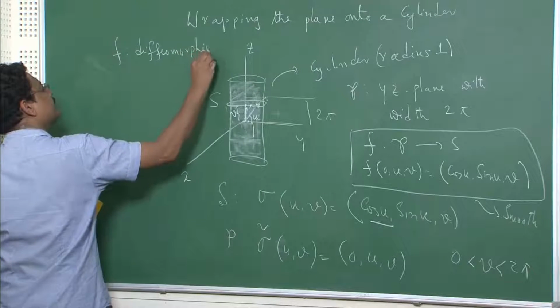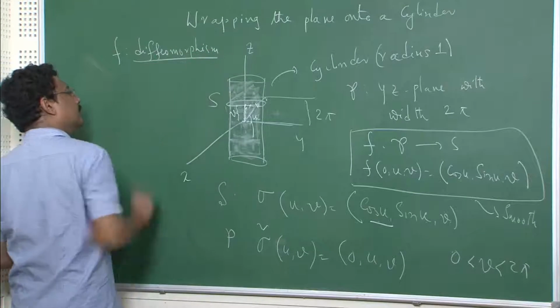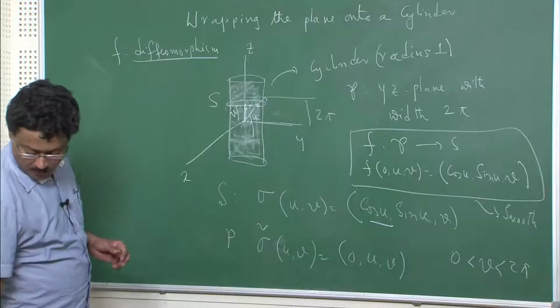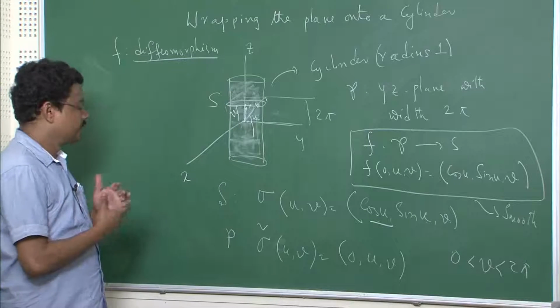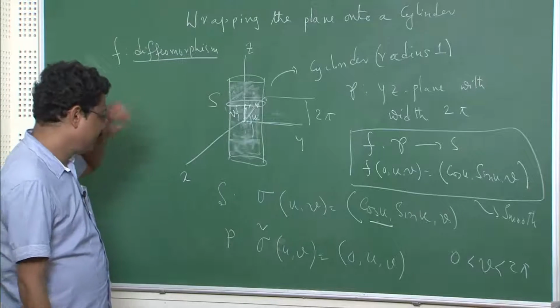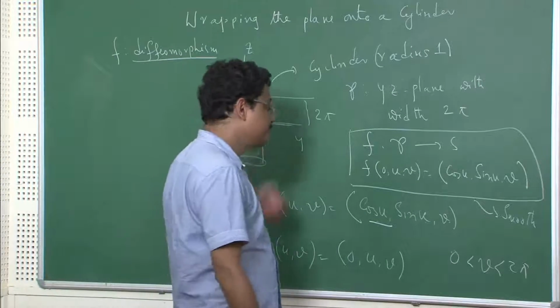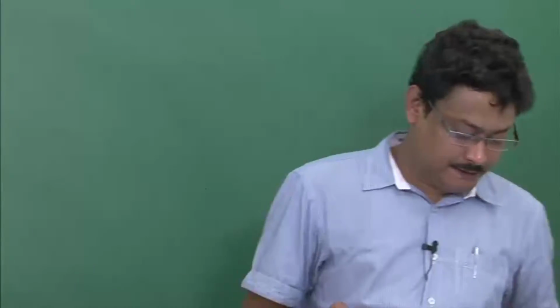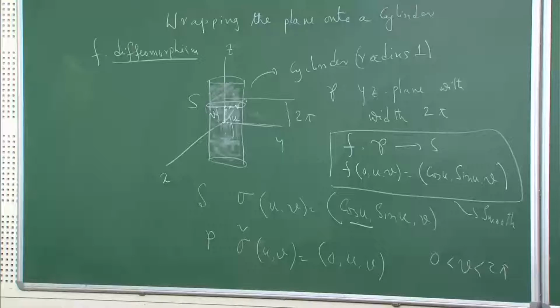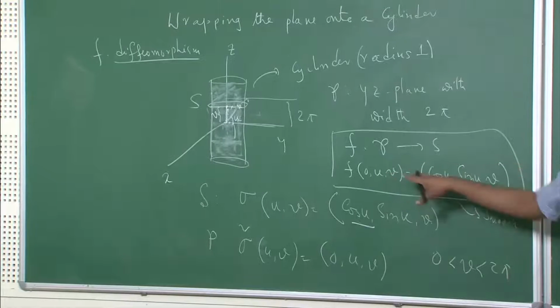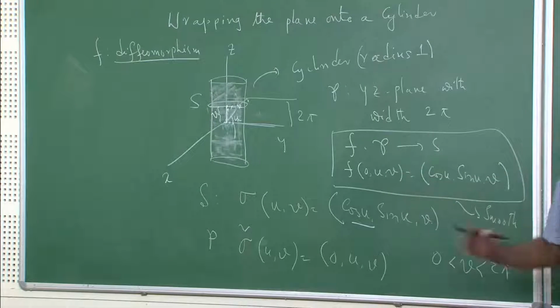What is a diffeomorphism? It is a homeomorphism which is smooth, that means all its partial derivatives of all orders exist. So, we will try to remember this example, that in such a way you can generate smooth maps between surfaces.